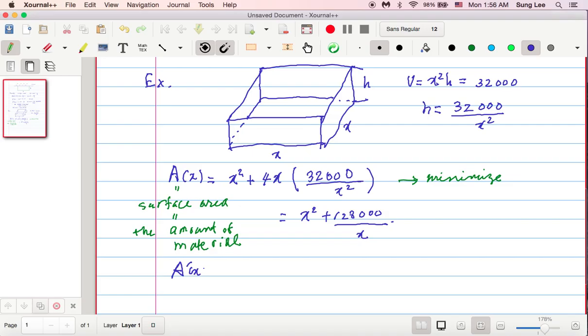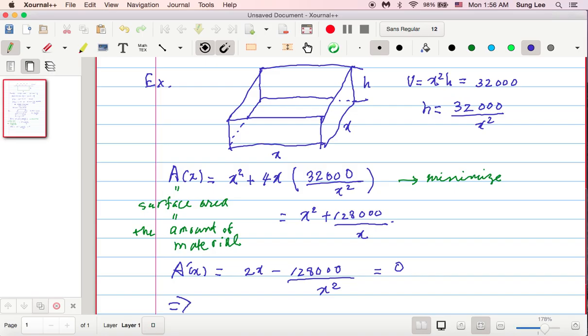So a prime of x, in this case, is going to be 2x minus 128,000 over x squared, and then set it equal to 0.